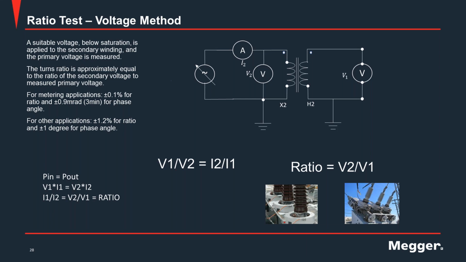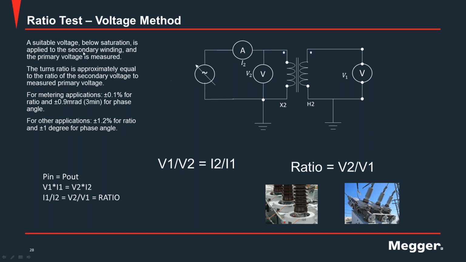It might burn up the winding if we inject a higher current. The same is true if you have a breaker here with a bushing CT, and the primary is difficult to access, then you do a voltage method.